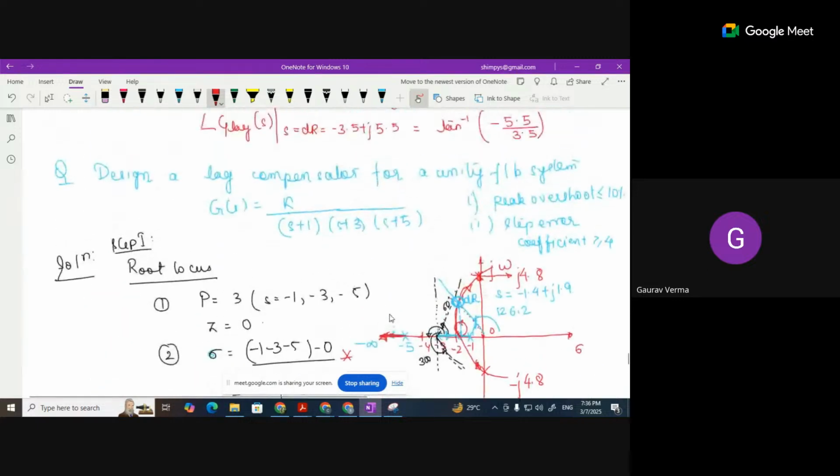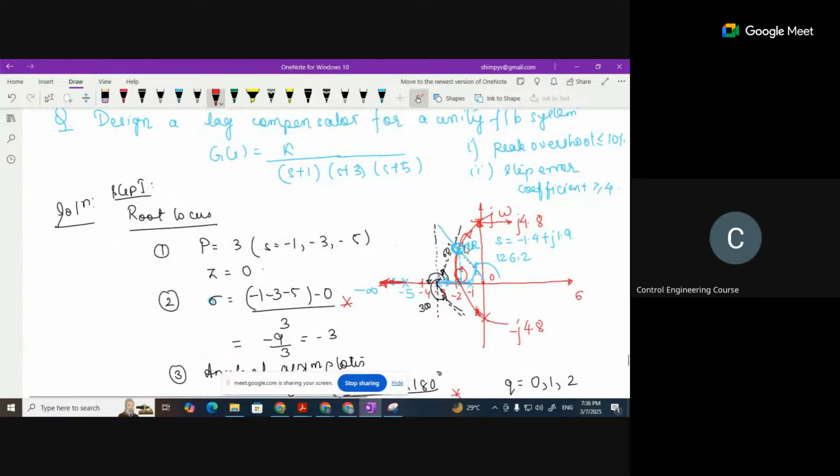I told you, we have to see at what point the theta line, which I draw from the origin, intersects the root locus. Corresponding to that point, s comes out to be minus 1.4 plus j 1.9. You have to roughly plot and see.